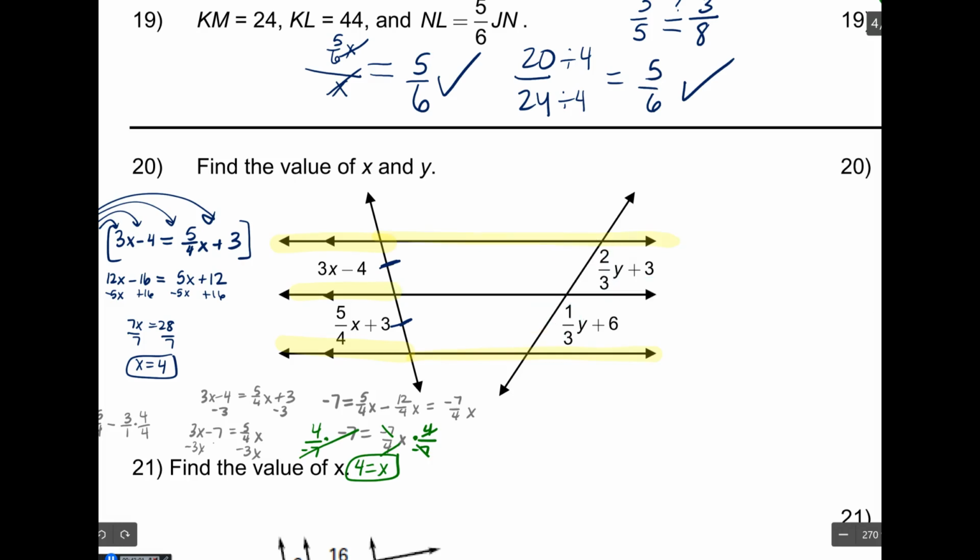What I mean by that is, these two are going to be congruent to each other. 2/3 y plus 3 is going to be equal to 1/3 y plus 6. Because I have 3 parallel lines, if it cuts one transversal into congruent segments, it will cut any other transversal they cross into congruent segments.